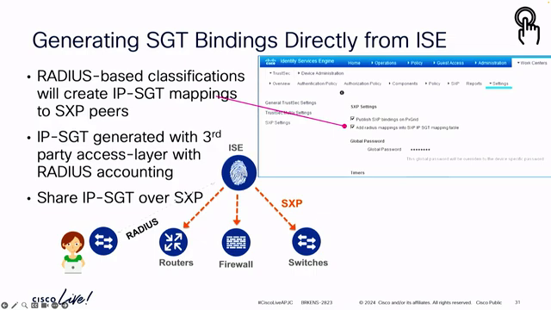We have a knob where you can publish SXP bindings on pxGrid and add RADIUS mapping into SXP mapping. So you don't have to create IP to SGT bindings statically. Whatever we are learning from 802.1X and other methods can be translated into IP to SGT bindings by ISE automatically, and it can share them over SXP.